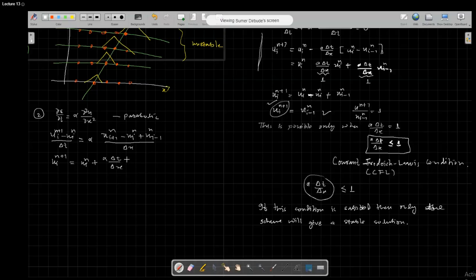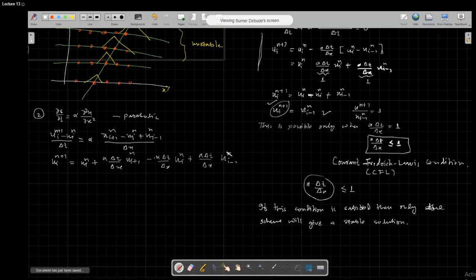and writing it properly, minus 2 alpha delta t over delta x square uin plus alpha delta t over delta x square ui minus 1 n.